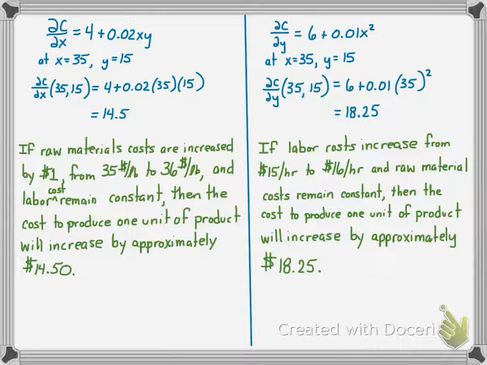So for the company's benefit, if one of these two initial costs has to be raised, either the cost of raw materials or the cost of labor, I think I would prefer for my company to have the cost of raw materials increased, because in that case, we only raise the cost to produce the product by $14.50, as opposed to increasing the cost to produce the product by $18.25 if we raise labor rates.